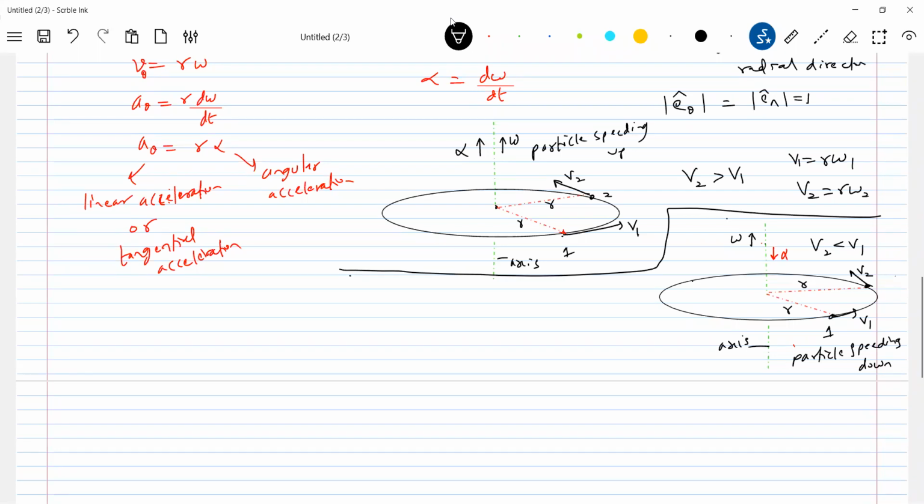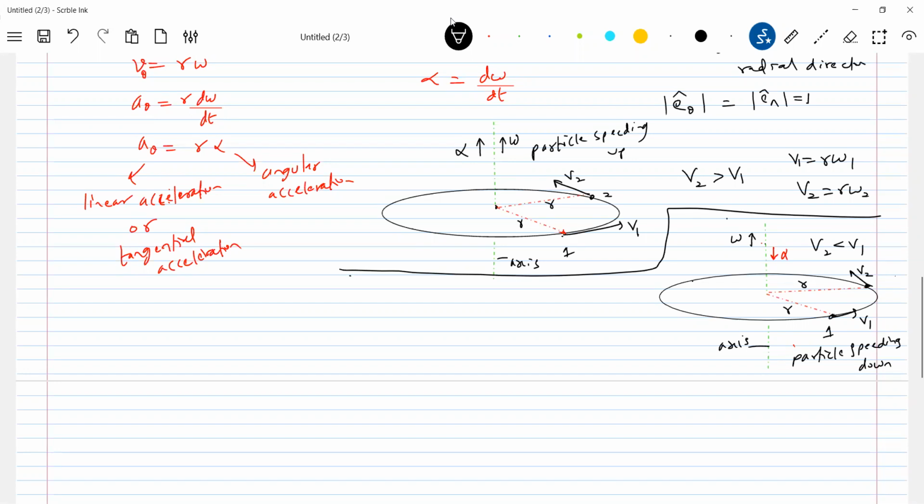And if omega increases at a constant rate, then we can define angular acceleration, and alpha will be in the direction of omega. If the speed of the particle decreases, then omega, as it is moving in a specific direction, will be vertically up. What about alpha? Now it's a retardation. The speed of the particle is decreasing, so alpha should be opposite to omega.